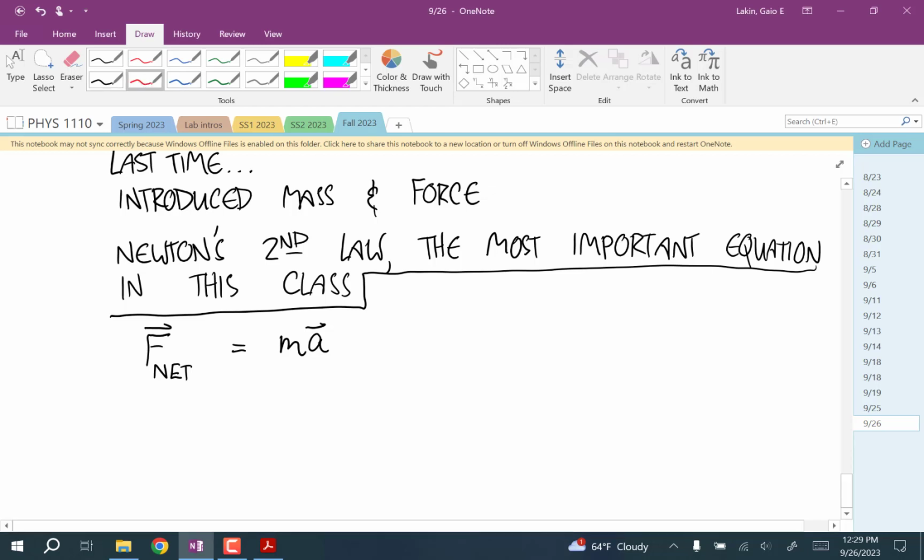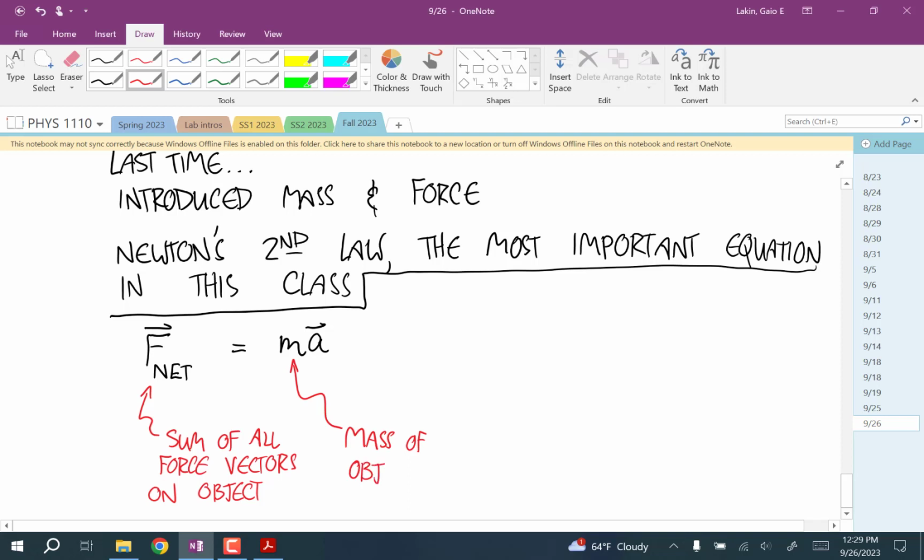This is the sum of all the force vectors. M is the mass of the object. And A is the acceleration of the object's center of mass.